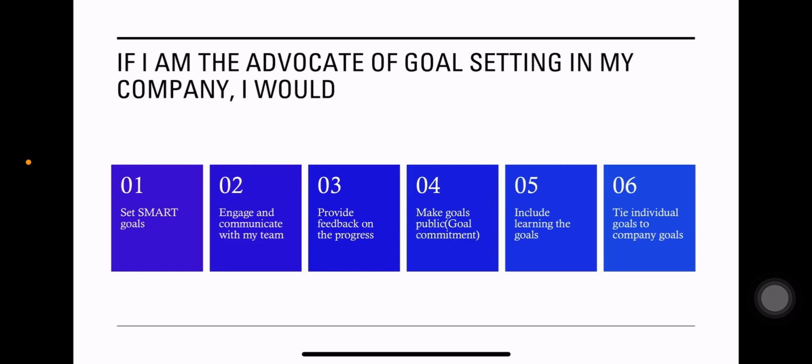So in some goals I will include learnings, so that the people who don't have the skill set and knowledge would also be motivated to at least try to achieve the goal. And I'll tie the individual goals to the company goals, because at the end we want the company to be successful. So I will try to tie the individual goals to the company goals.